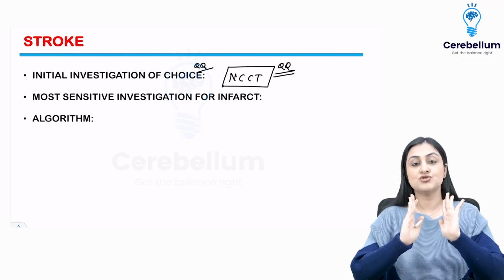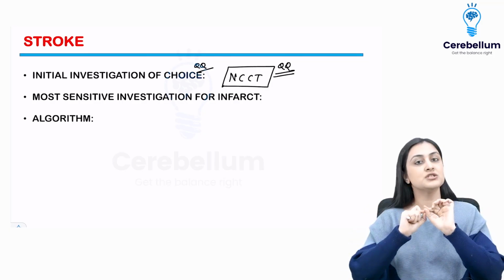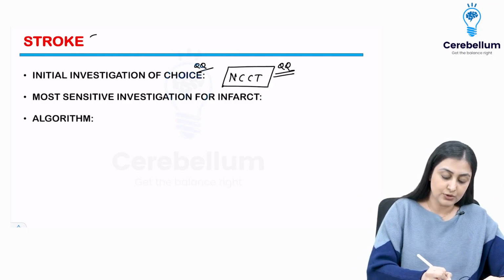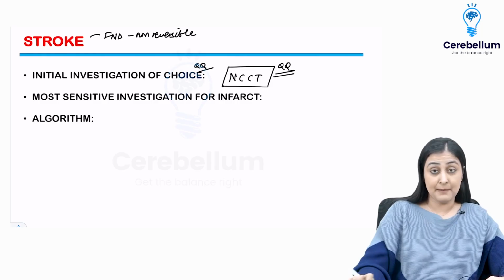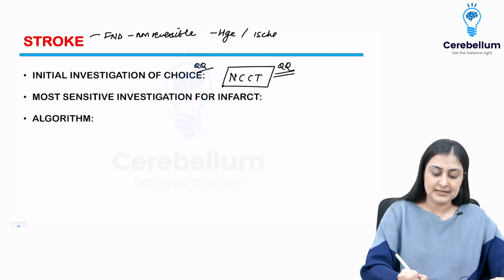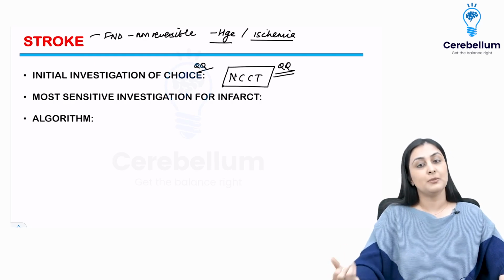So when we say stroke, I mean any focal neurological deficit which is not reversible. That is the definition of stroke, a focal neurological deficit, any deficit in the brain that is non-reversible. Yeah, and it happens either because of hemorrhage or because of ischemia. So some sort of vascular pathology is there which is resulting in reduction of blood supply.